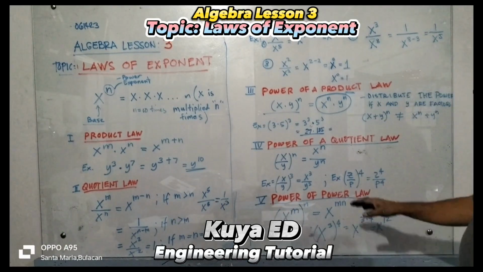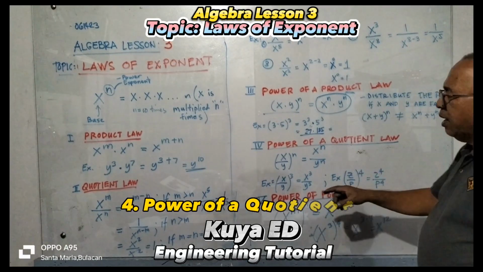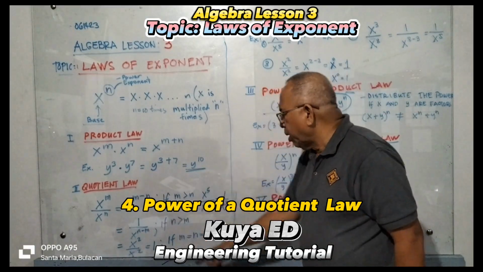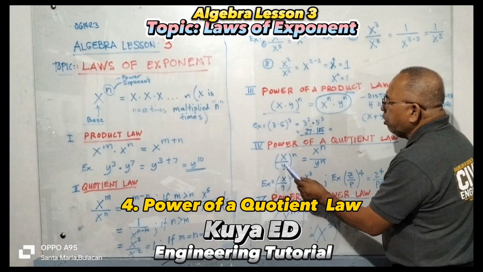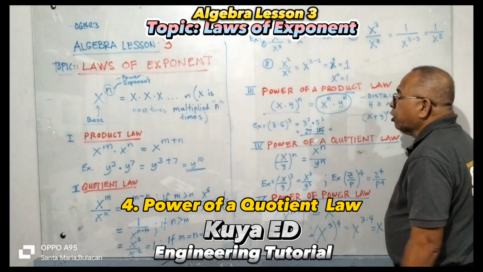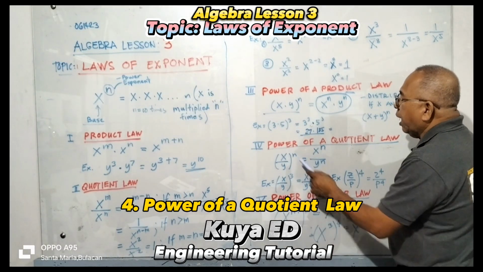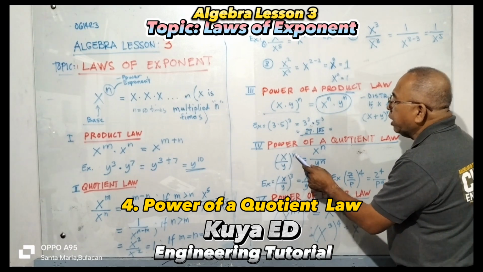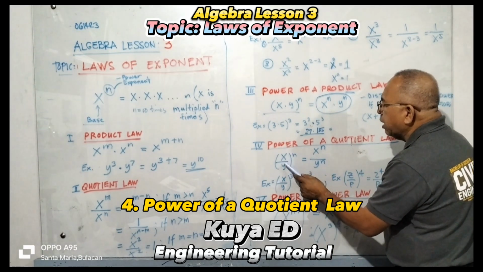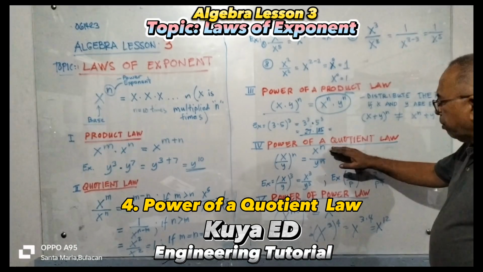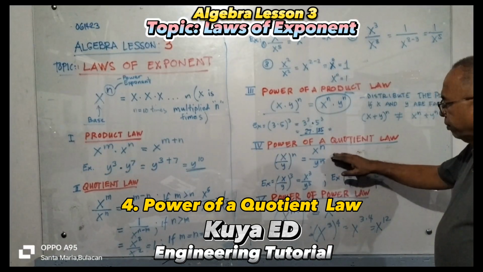Ngayon naman, ang power of a quotient. Kanina, quotient lang, no? Pero ngayon, may power na. So, ibig sabihin, x divided by y, x over y, to the n is equals to, okay, distribute mo naman yung n dito, distribute mo naman yung n dito. So, that's why we have this value. No?